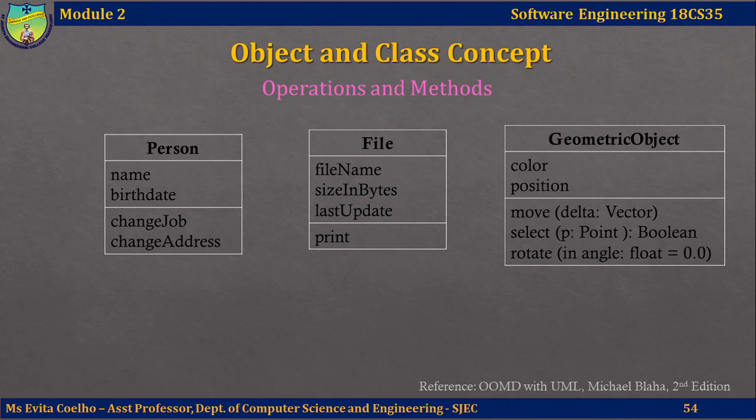If we take a look at this file class now, the operation here is print. So the file class may have an operation print. Now, the same print may be used by different classes other than file, which come under this hierarchy. So you could implement different methods to print, say, ASCII files, binary files, digital files, and so on.